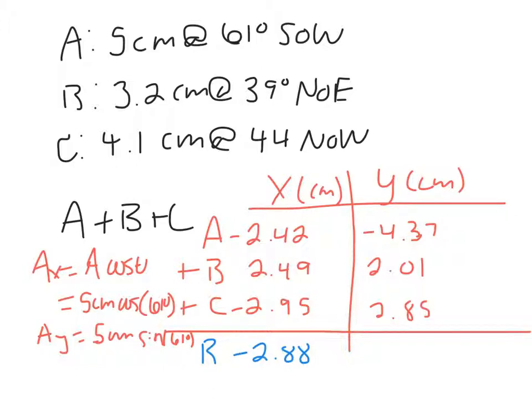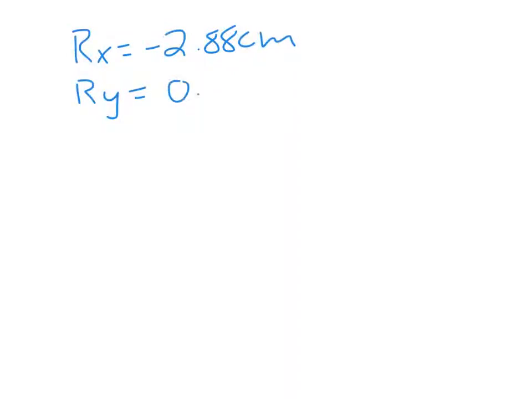Over in the y's, negative 4.37 plus 2.01 plus 2.85 is 0.49 centimeters for my y. So what I have is that the x component of my resultant is negative 2.88 centimeters, and the y component of my resultant is 0.49 centimeters.